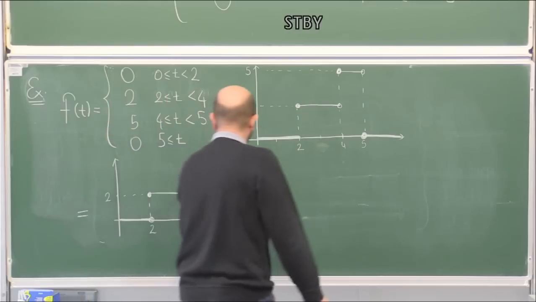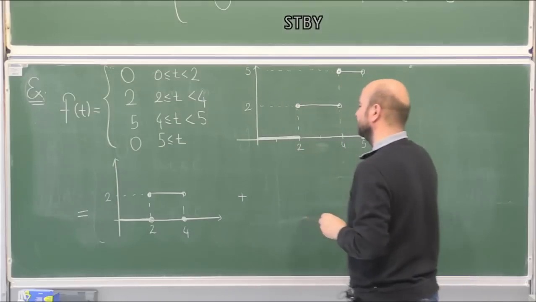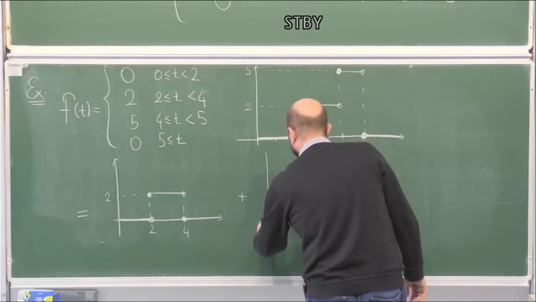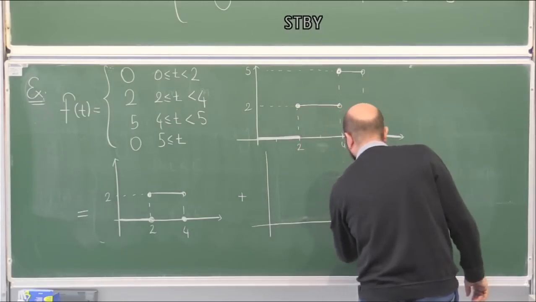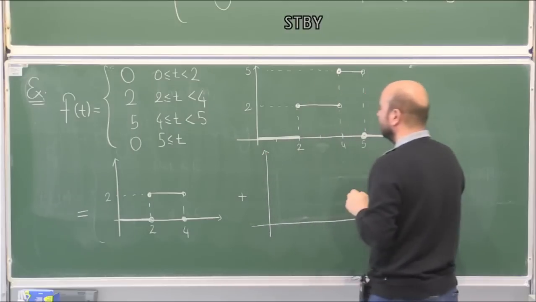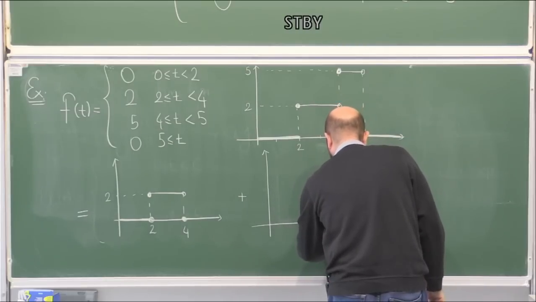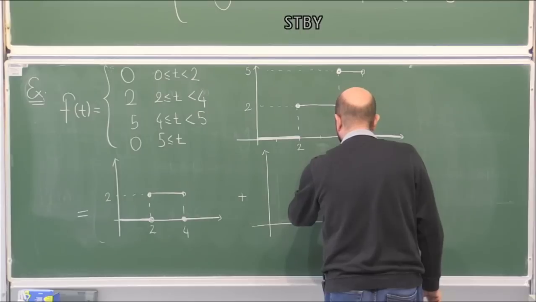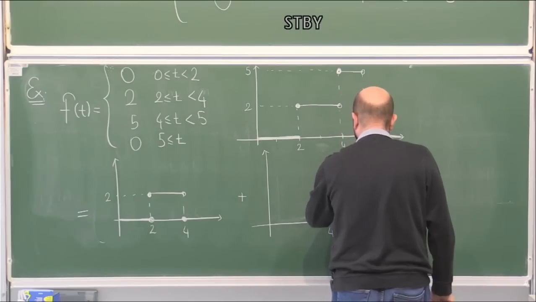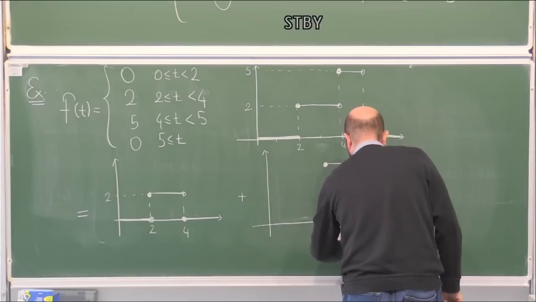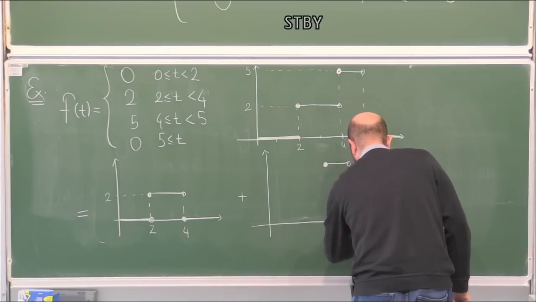Take this function plus the following function, which is 0 until 4, then it is 5, and then after that, it is 0.